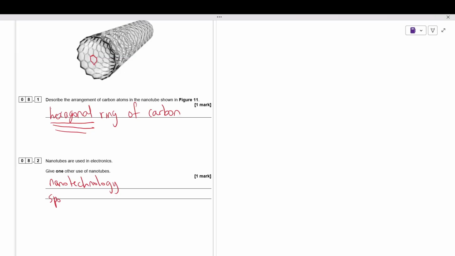So sporting equipment. And another key use is drug delivery. And you would have explored drug delivery because it's hollow. Drugs can be placed on the inside so that it can be delivered to a site that is needed. So that's another key use of nanotubes.